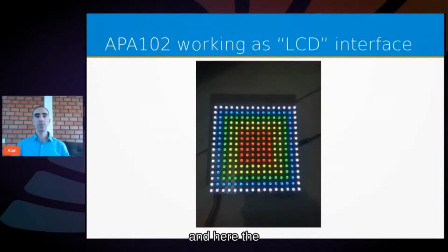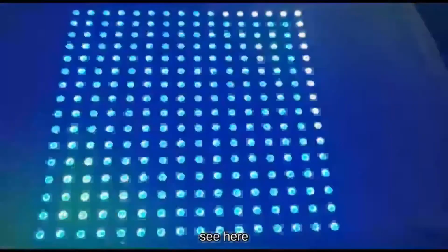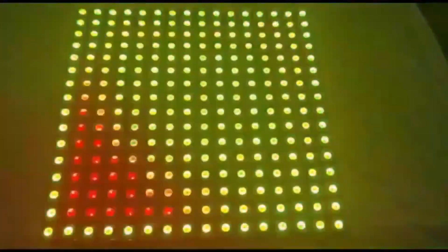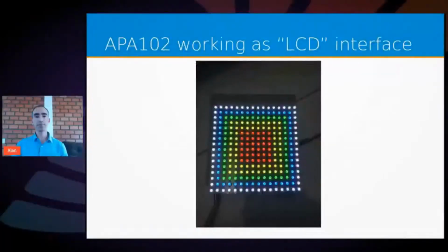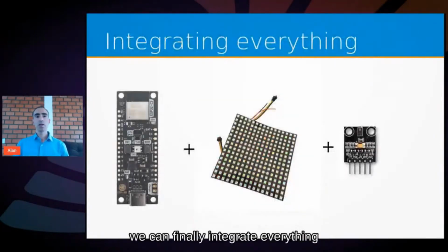And here's the LCD interface working. I will show now a small video to show it running, as you can see here. As you saw, it was very fast, and now we can finally integrate everything.